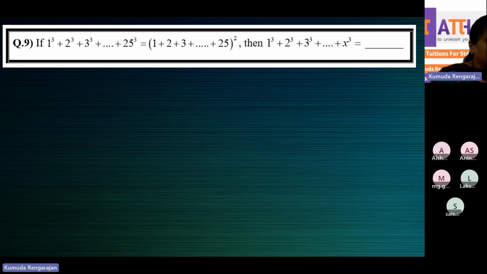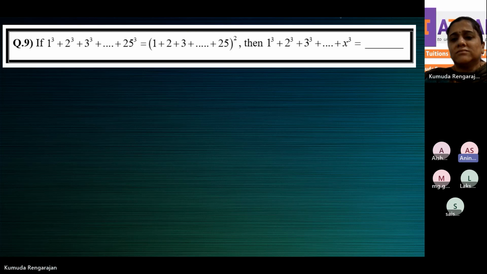Complete this pattern, children. Yes, ma'am, done. What's the answer, Anintika? Ma'am, so in brackets, I'll write 1 plus 2 plus 3 plus then the dots plus x, and then we close the bracket and write square.